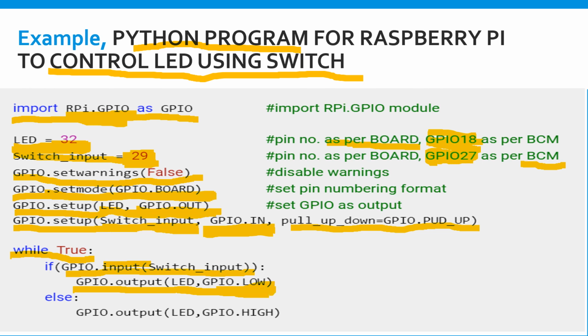We have already seen this function, and else, what is the condition? GPIO.output(LED, GPIO.HIGH). So otherwise the output state of LED will be high state. So this is how we can use different GPIO functions in order to use GPIO pins of Raspberry Pi.